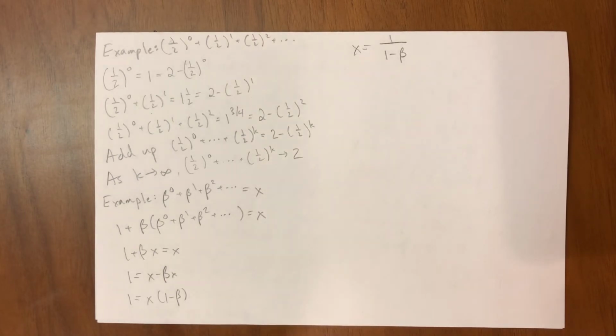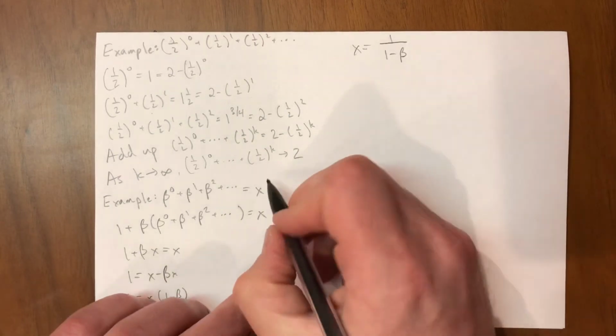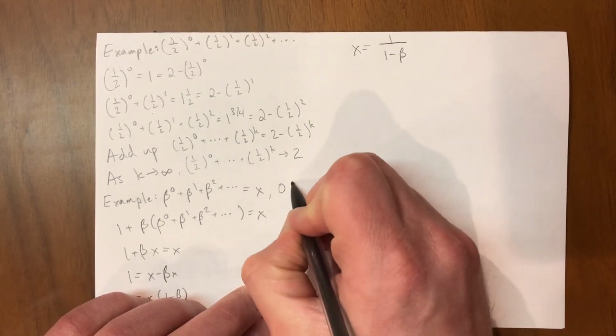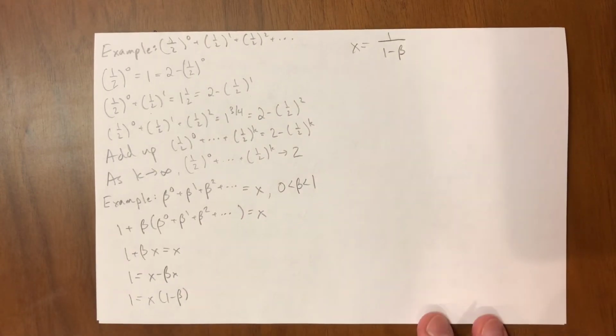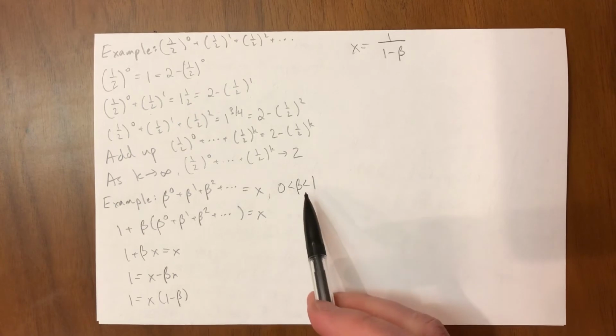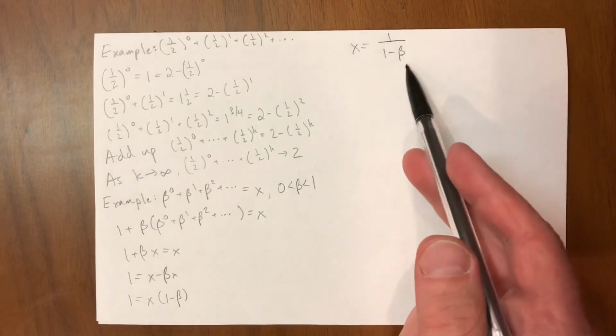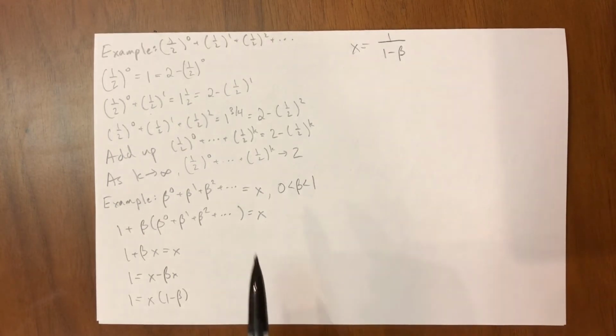By the way, I should have specified this in the beginning, but this is all assuming that 0 is less than beta is less than 1. Otherwise, this will actually not be true. But with the caveat that 0 is less than beta is less than 1, we can make this statement.